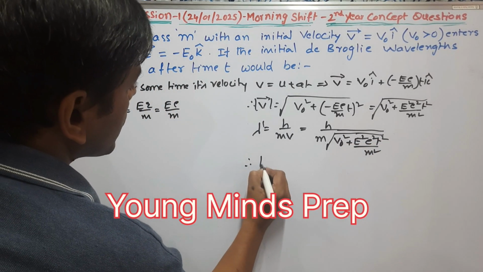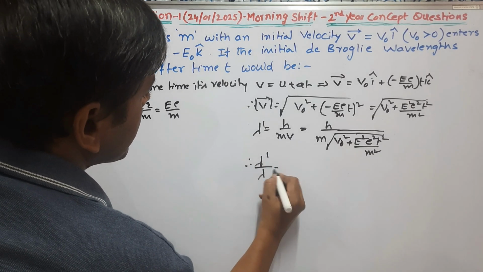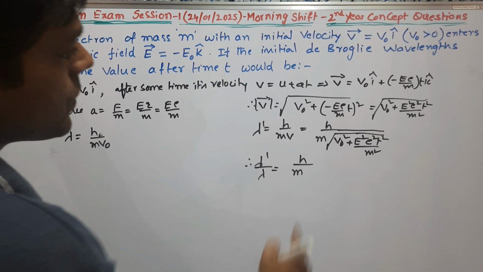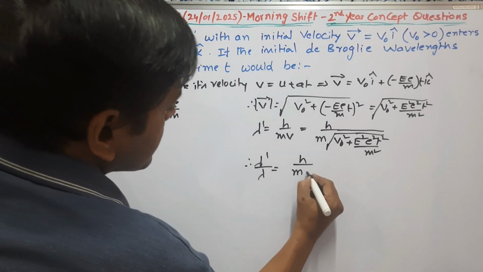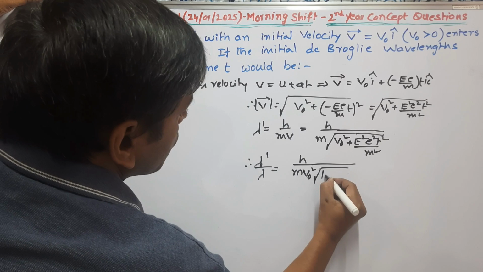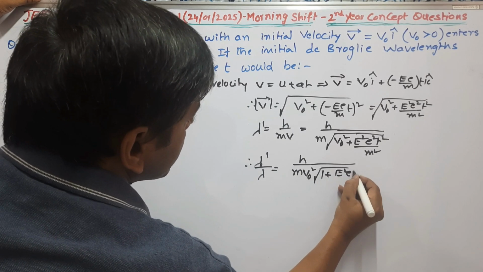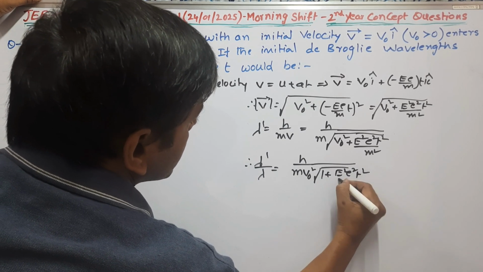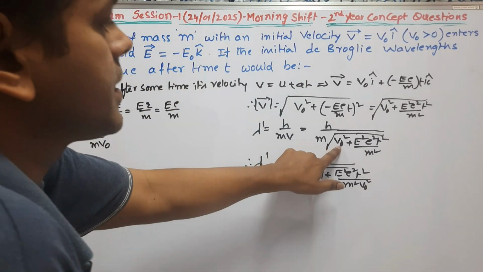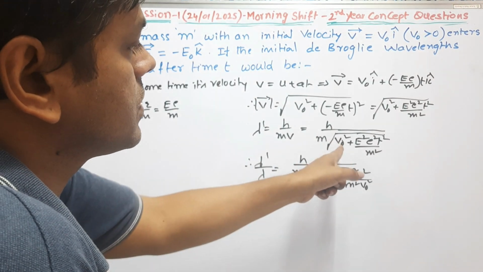Therefore, lambda dash by lambda is equal to h by m into, when v naught is taken as common, v naught square into 1 plus E square t square by m square v naught square. Because v naught is taken as common, it is taken outside.